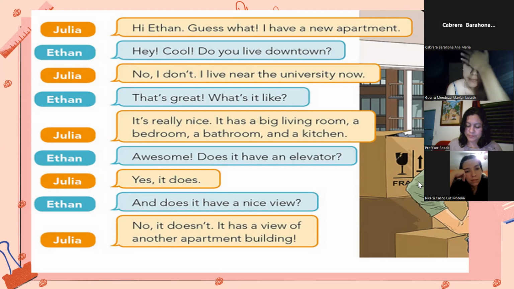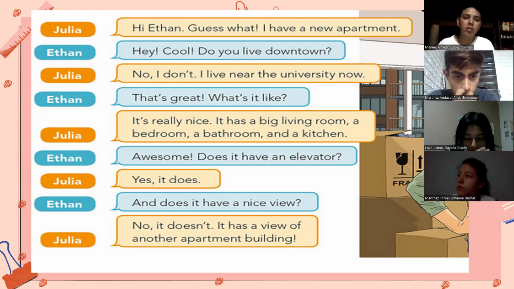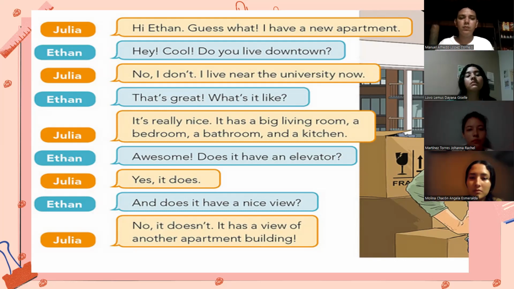It has a big living room, a bedroom, a bathroom, and a kitchen. Awesome. Does it have an elevator? Yes, it does. And does it have a nice view? No, it doesn't. It has a view of another apartment building.